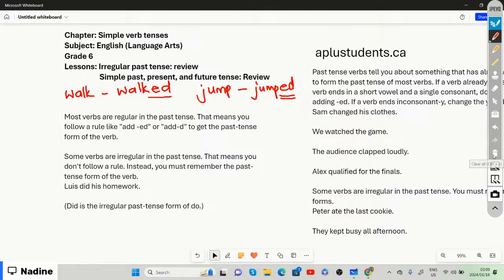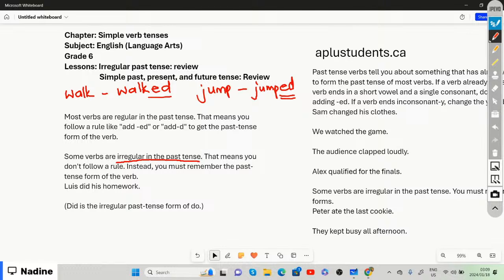But now, some of the verbs are also irregular in the past tense. If we say that they are irregular, it means that they do not follow a specific rule. So the word can change. The whole word doesn't necessarily change, but certain letters in that word might change.